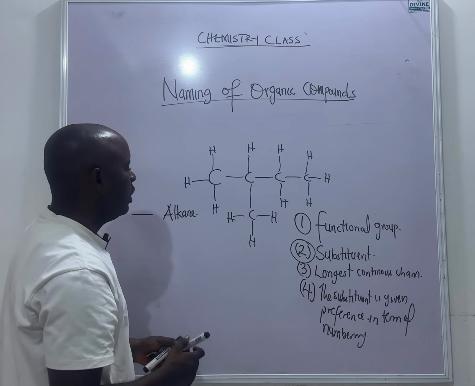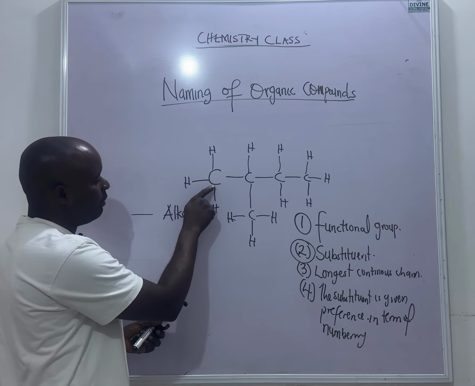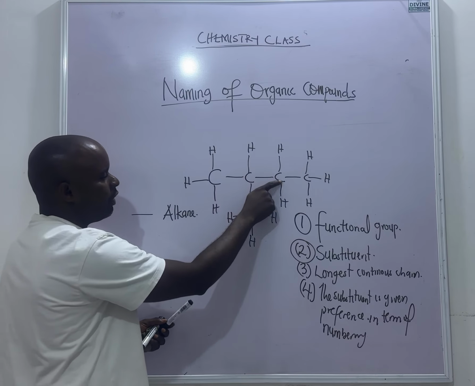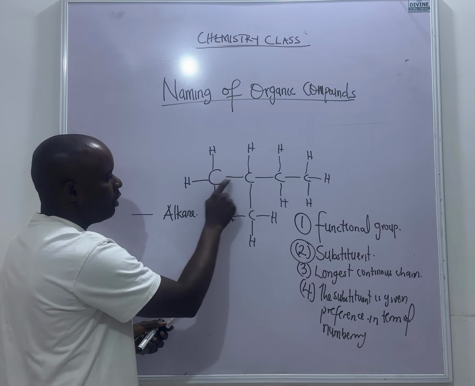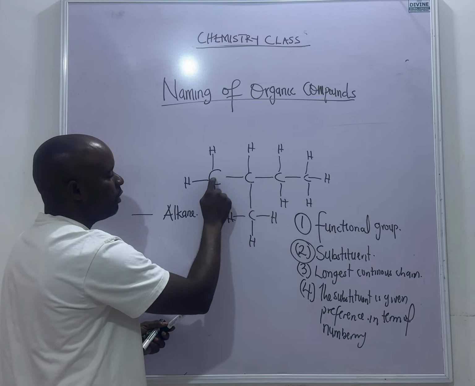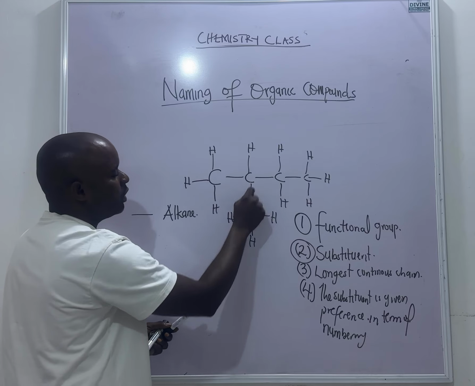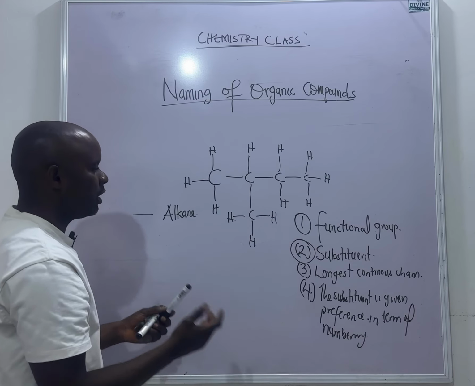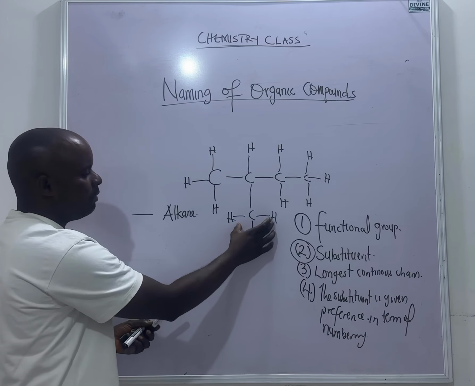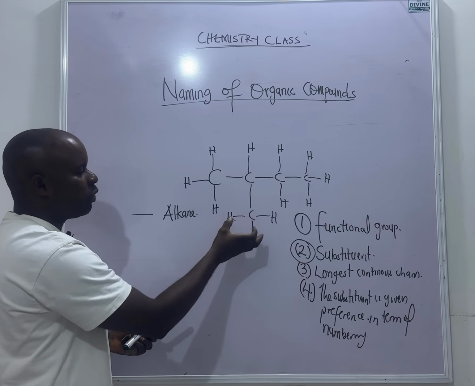this organic compound. So for this now, if we should number from 1, 2, 3, 4. We should number from here 1, 2, 3, 4. 1, 2, 3, 4. So in this aspect, we can take any of the branches, but we must give preference to any of the substituents we are taking.